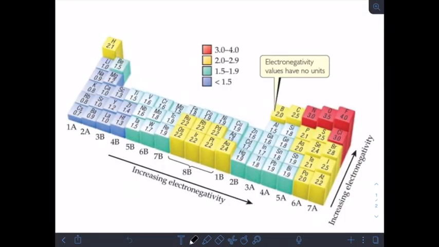Okay, so what we have here, these are what are referred to as the Pauling electronegativity values. Okay, and this comes from a very, very talented and famous scientist, Linus Pauling, and he experimentally determined the electronegativities of pretty much all of the elements on the periodic table.